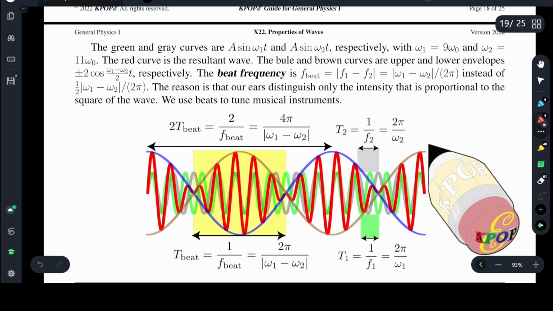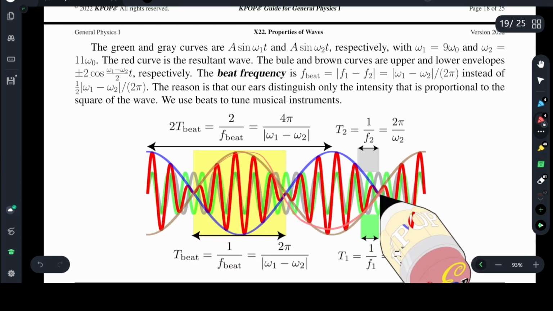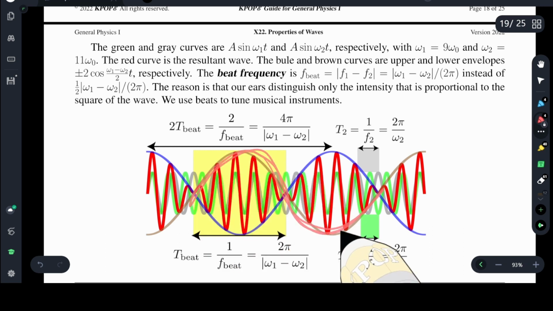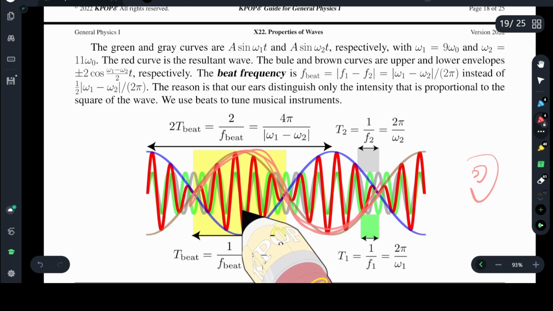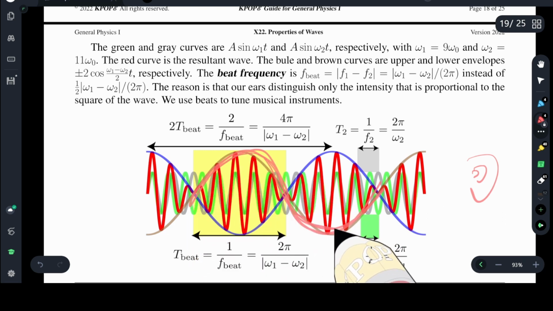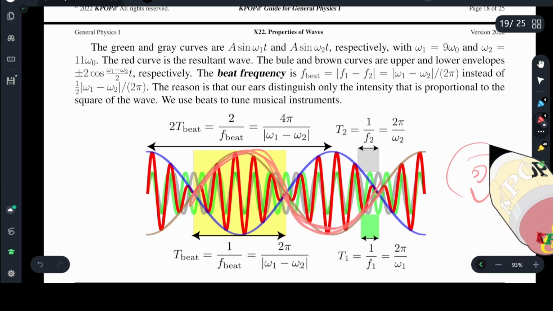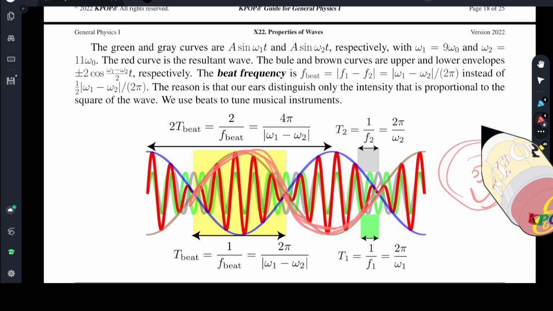So the beat frequency. Actually this is the actual period, but our ear cannot distinguish the rising up and going down. Our ear is sensitive only to the magnitude, the square of this function.